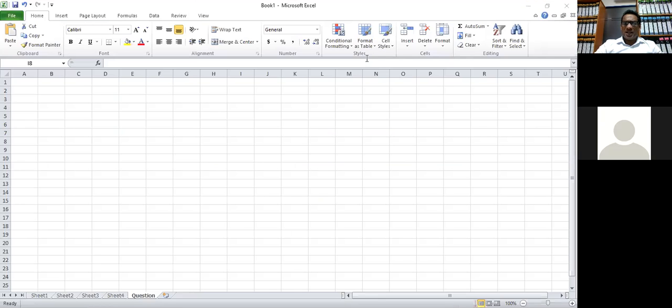Okay, what it says is current year revenue is 10 million, but for the next 5 years, you are given a forecast. Current year, 1 to 5.